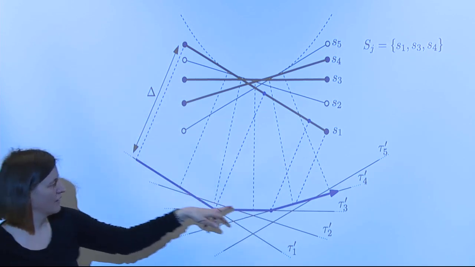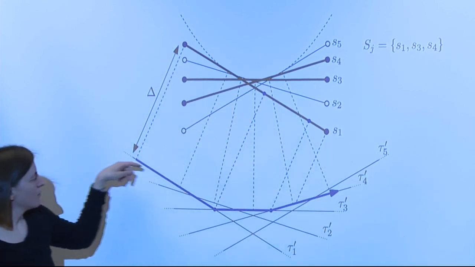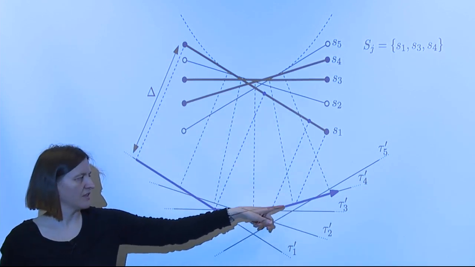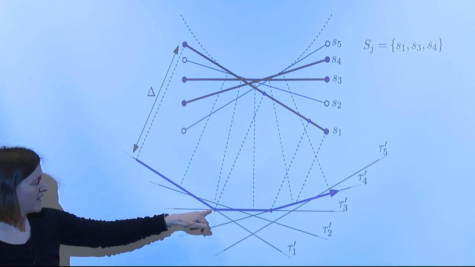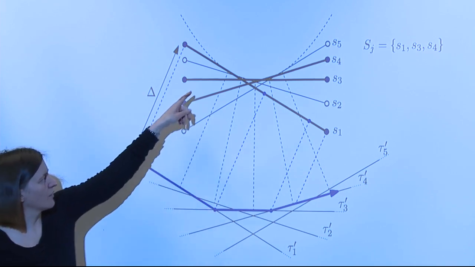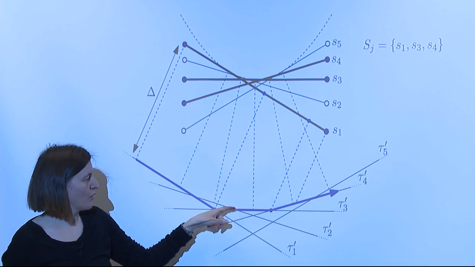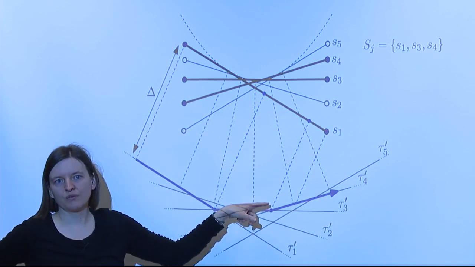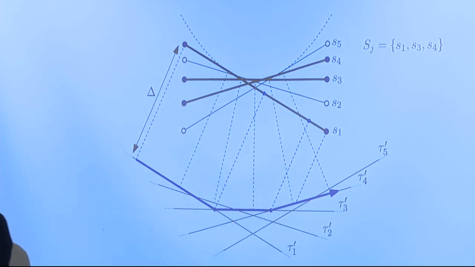This is my envelope from here, and my curve follows the edges of this arrangement. And in order to have a curve inside its metric ball, it needs to stay on the upper envelope. So VC dimension by itself does not do the trick, but if we go to a set system that is a relaxation, a proxy set system allowing some approximation factors, we can make the VC dimension go down. This is the idea here.